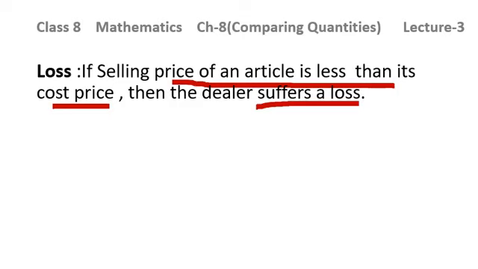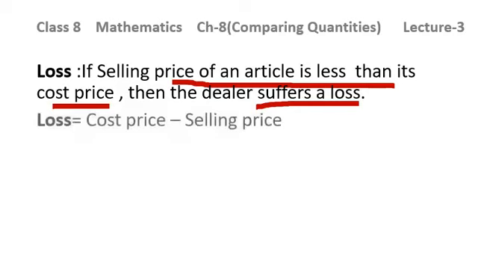In this case, cost price was 200, you have paid more for that article, but you are getting 180 rupees. So in this case selling price, that is 180 here, is less than the cost price. Cost price here is 200, so the dealer suffers a loss, or you will be having a loss of rupees 20. I hope this is clear to you.